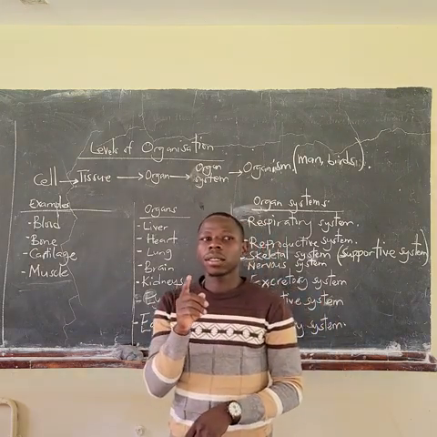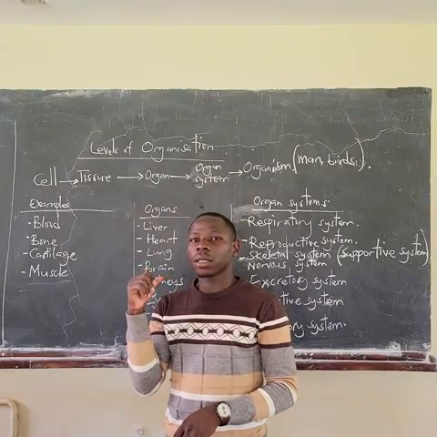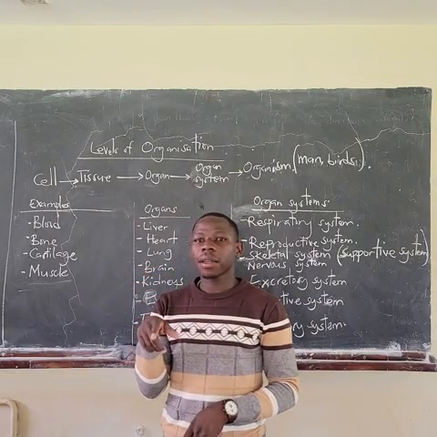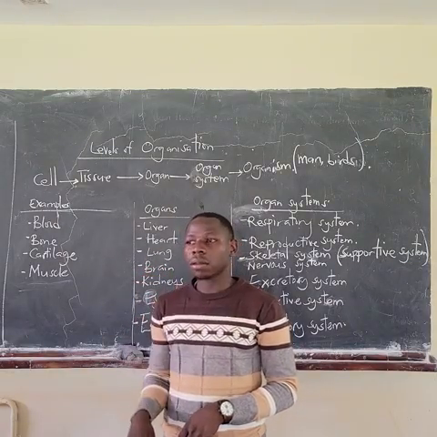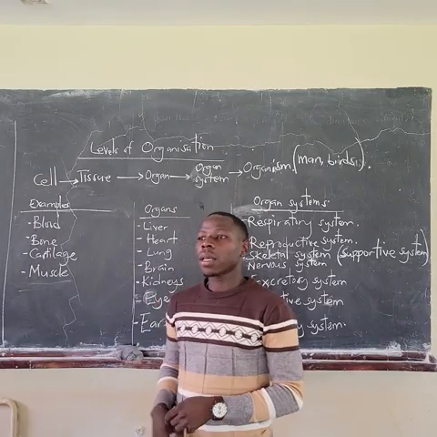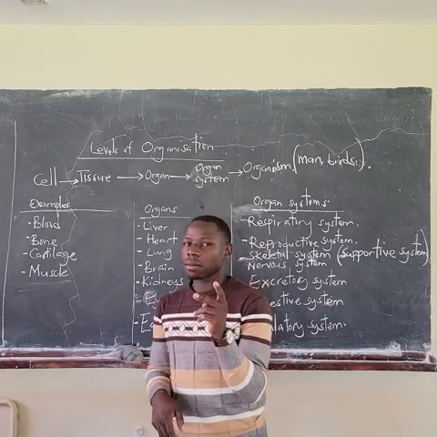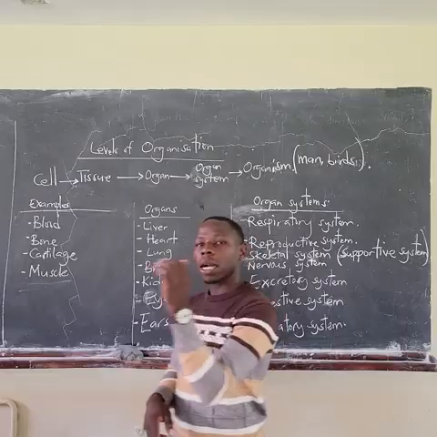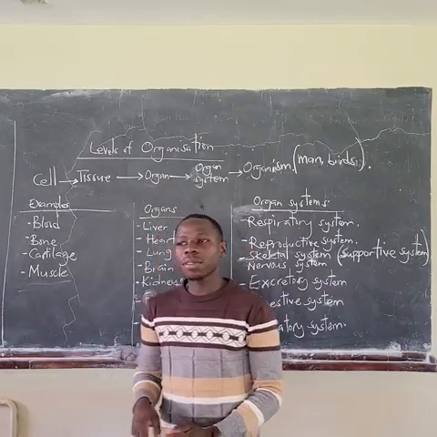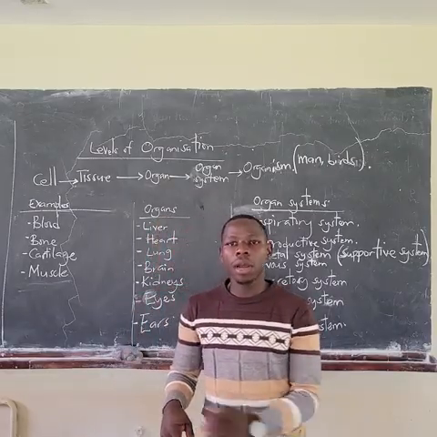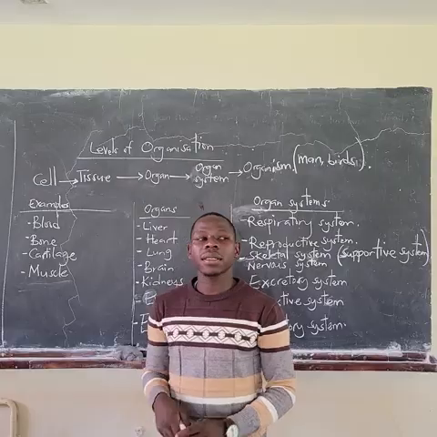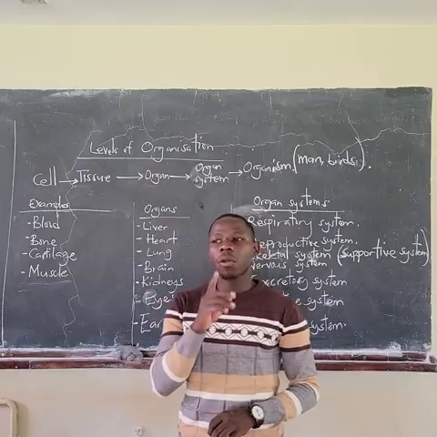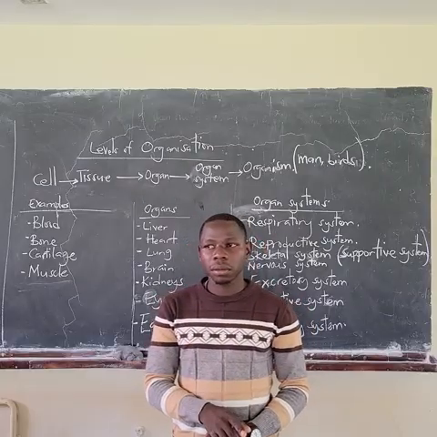remember in the introduction to biology, or even as we started the topic of cells, we have organisms that are multicellular, while other organisms are unicellular. Unicellular means that organism has only one cell.